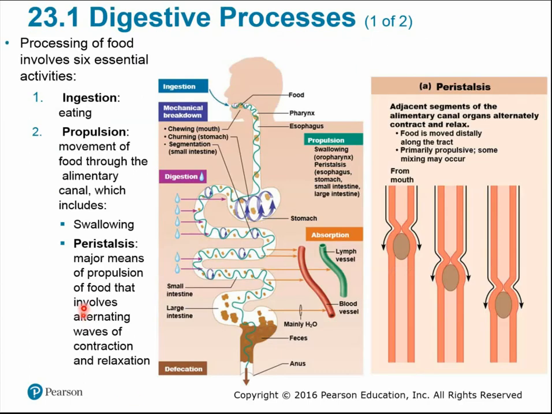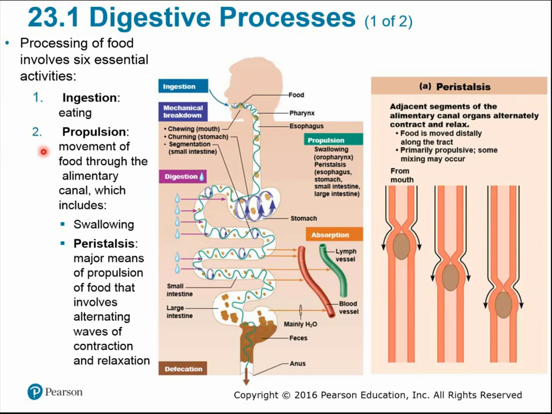So processing the food in the digestive system involves 6 essential activities of digestion. Number 1 is just ingestion, or eating. So we have to introduce food into the body through the mouth. The second process would be propulsion. So after the food has entered the body, it has to be propelled throughout the GI tract or the alimentary canal.